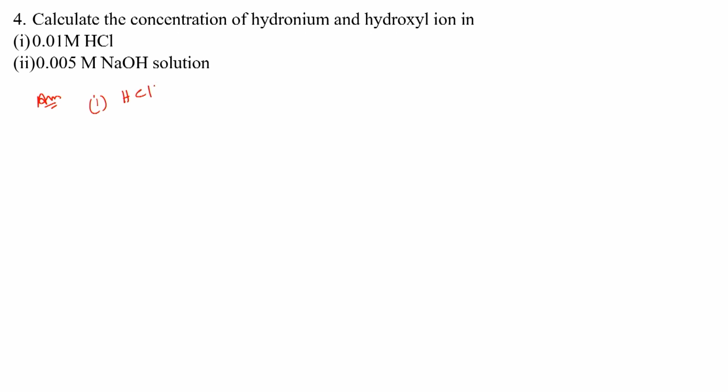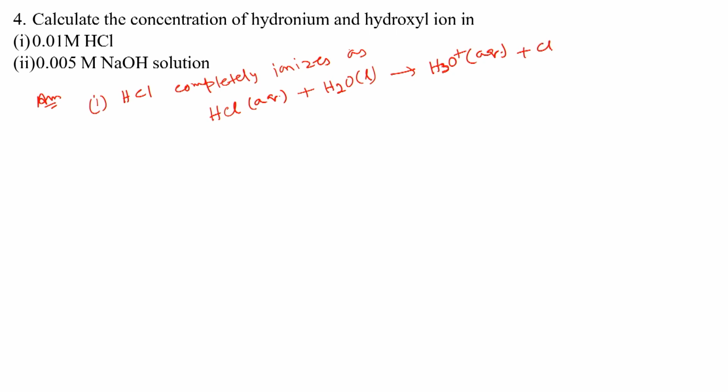HCl completely ionizes because it's strong acid, ionizes as HCl aqueous plus H2O liquid gives H3O plus aqueous plus Cl minus aqueous, right.